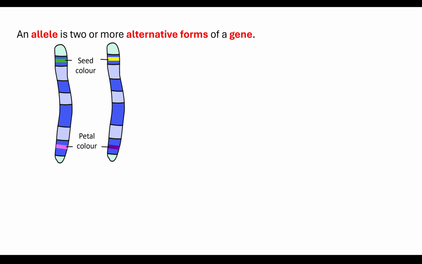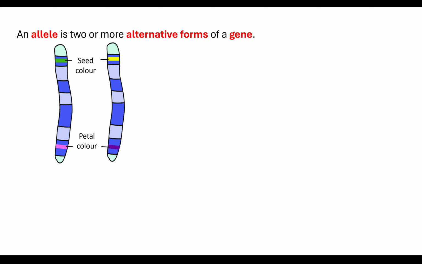Now remember, a gene is the one that's going to be transcribed and then translated into the polypeptide. So the phenotype, the expression that we see, is from that DNA sequence which is within that gene.